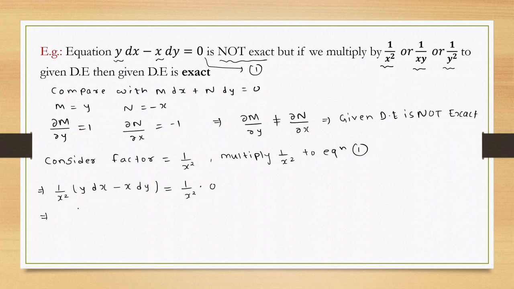So this implies (y/x²) dx - (1/x) dy = 0. Now, let us say this is our M' and this is our N'. So what is M' here? It is y/x². And what is N' here? It is minus 1/x.